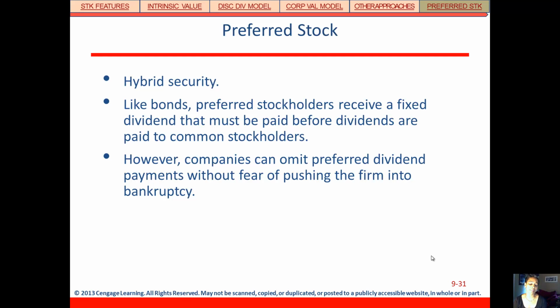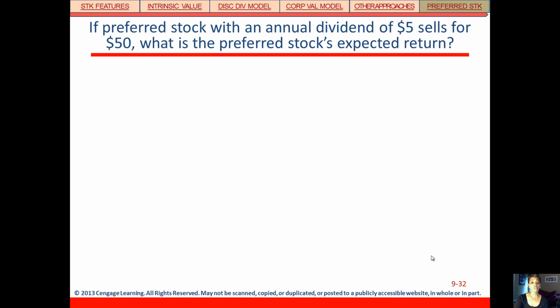I guess this is the biggest difference, is that companies can choose not to pay that dividend, and they can't be pushed into bankruptcy like the way that bondholders can push a firm into bankruptcy if they don't make the coupon payments.